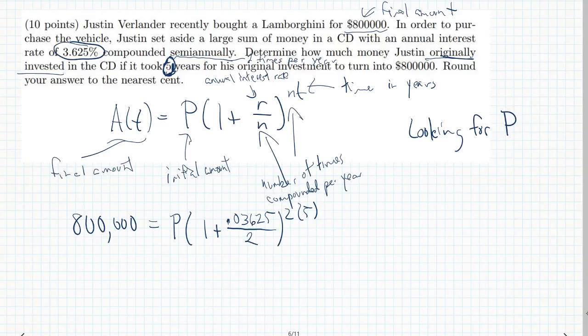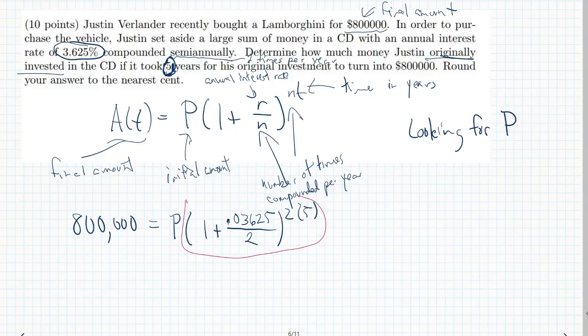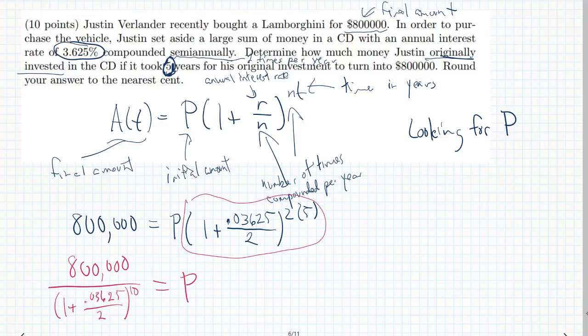Okay, I can do that simple multiplication, but at the end of the day, we're solving for P, right? So all of this right here is a number. So just take that number, whatever it might be, and divide it from 800,000. So 800,000 divided by 1 plus 0.03625 divided by 2 raised to the 10th power, that should equal P. And so we want to turn P into some cent amount.